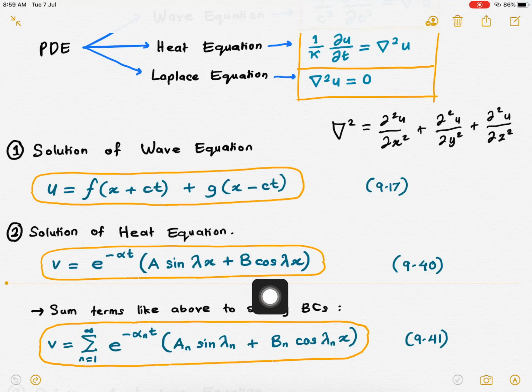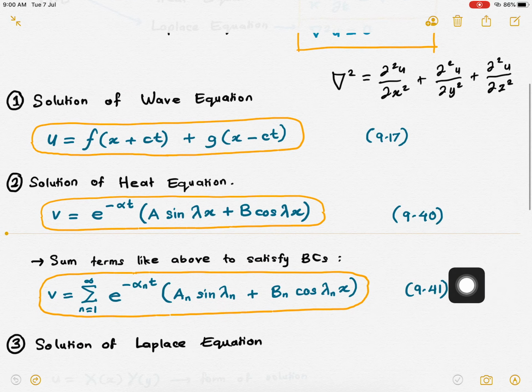If you remember clearly, it is related to the ODE, the ordinary differential equation. Since both are differential equations, they are related. So for the heat equation, these are the solutions, and it has a similar form to the ODE.